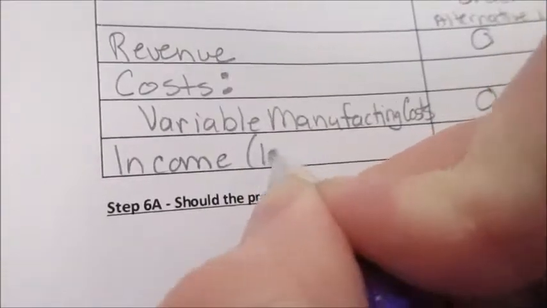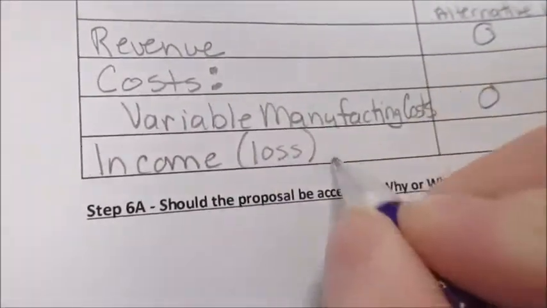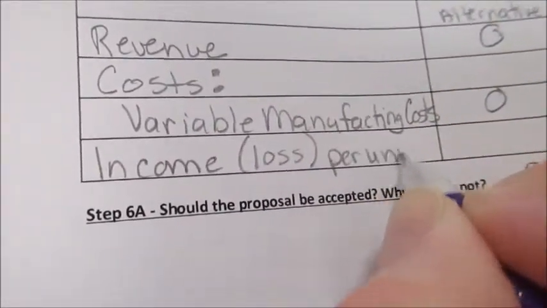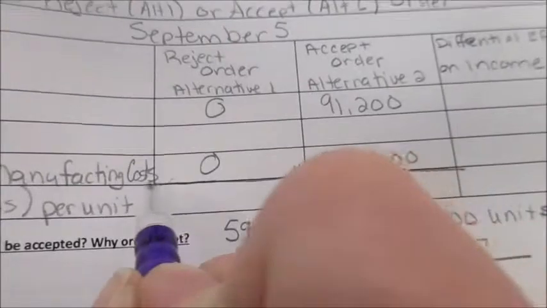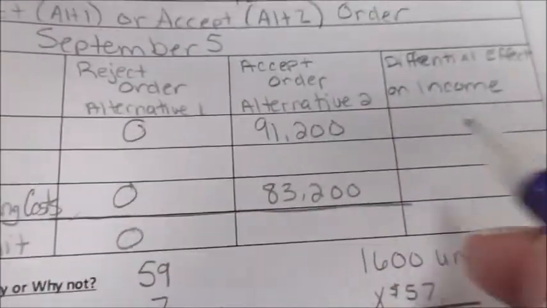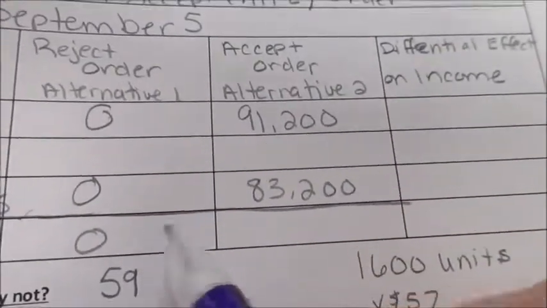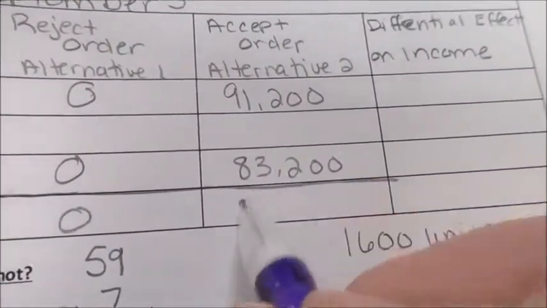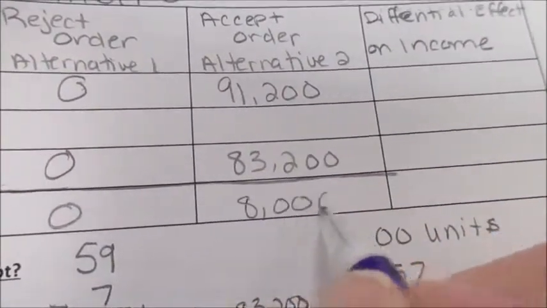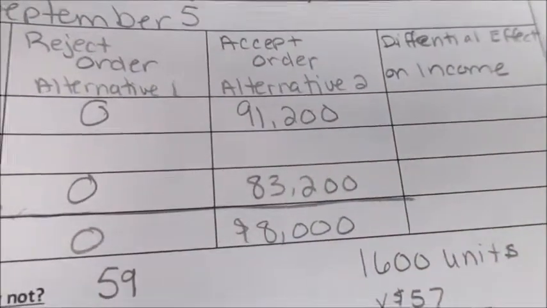Our last line is going to be the income or loss. I'm going to put a single line here and subtract these. Obviously 0 minus 0 is 0. We're not gaining or losing anything if we reject the order. If we subtract our costs from our revenues for accepting the order, we get $8,000, so we have a net income of $8,000.